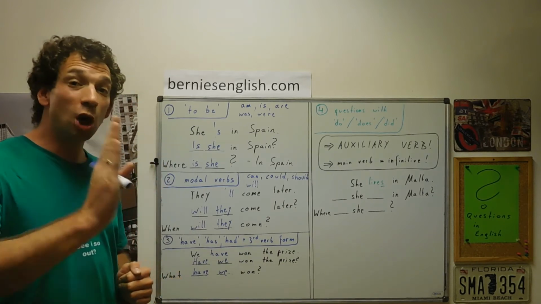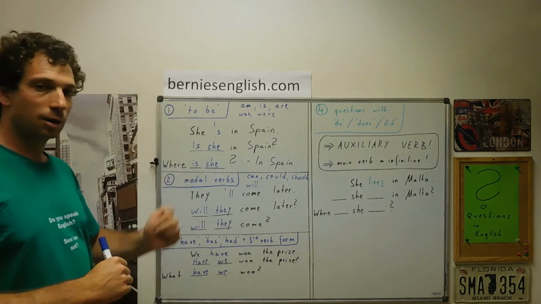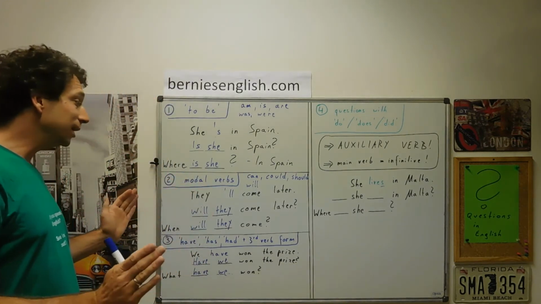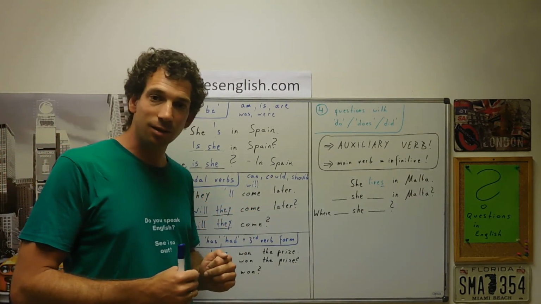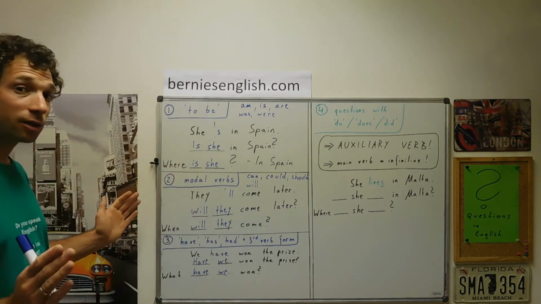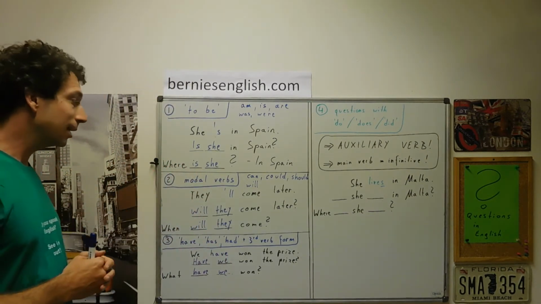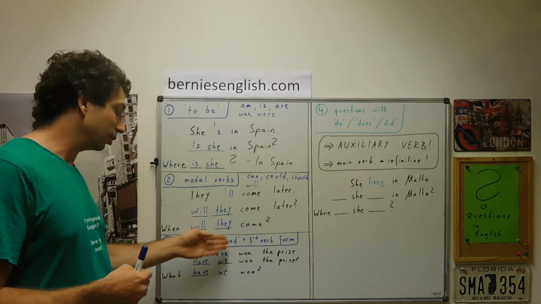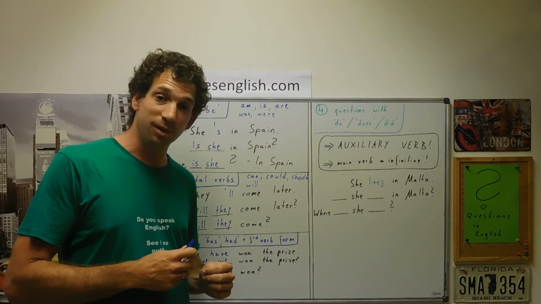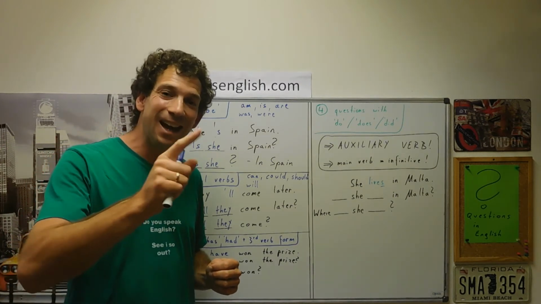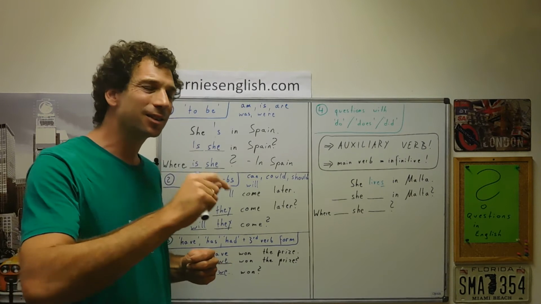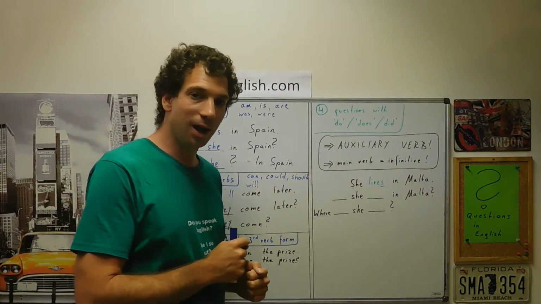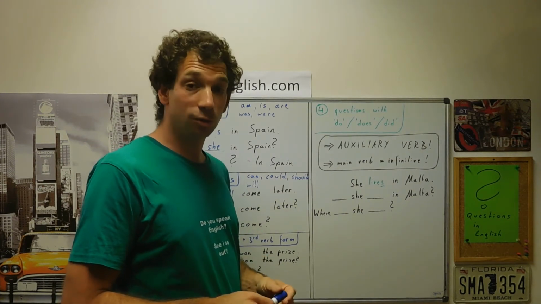And if you don't have to be in your sentence, if you don't need a modal verb in your sentence, and if you are not forming a question in the present perfect using have, has or had and the past participle, only then you must use do, does or did to form your question.